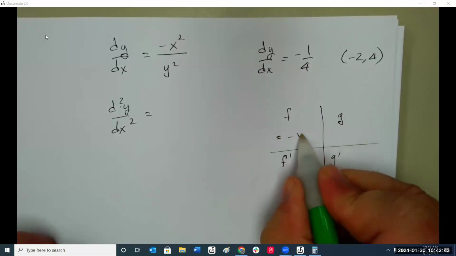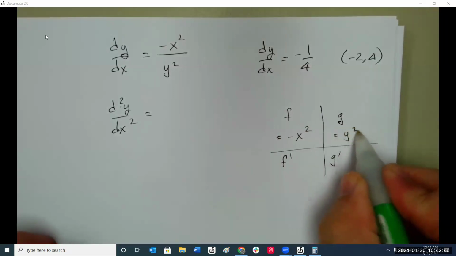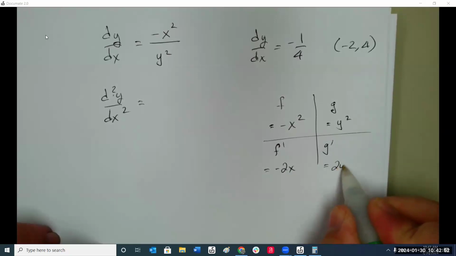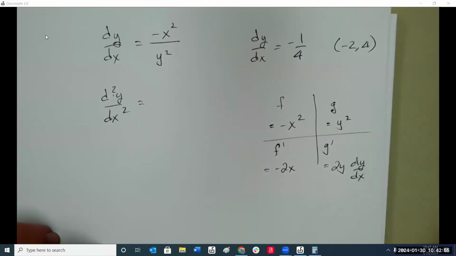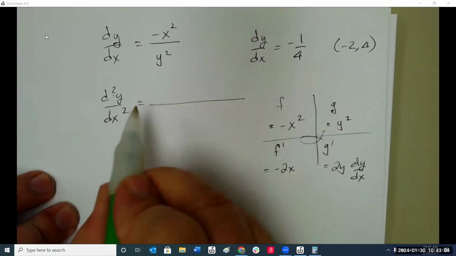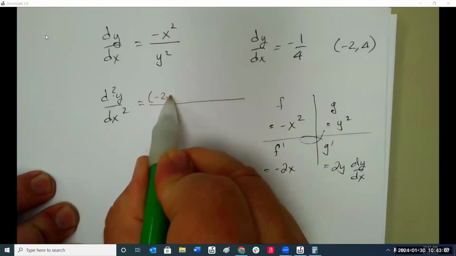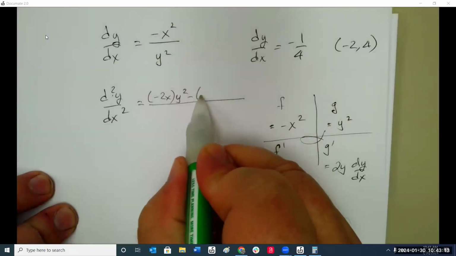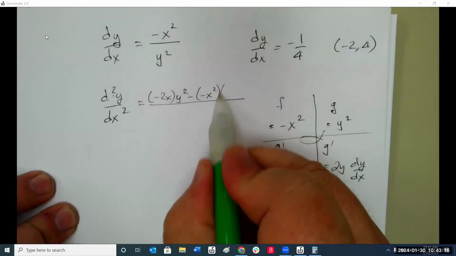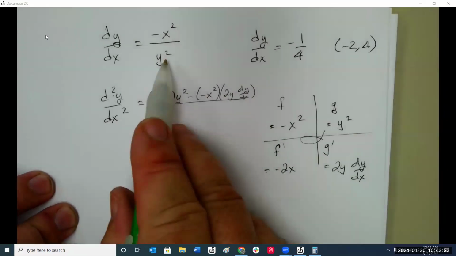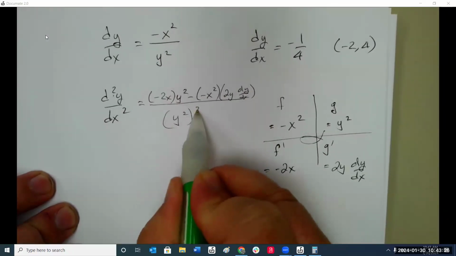So we have negative x squared over y squared: y squared times negative 2x, minus negative x squared times 2y dy/dx, over y squared squared.